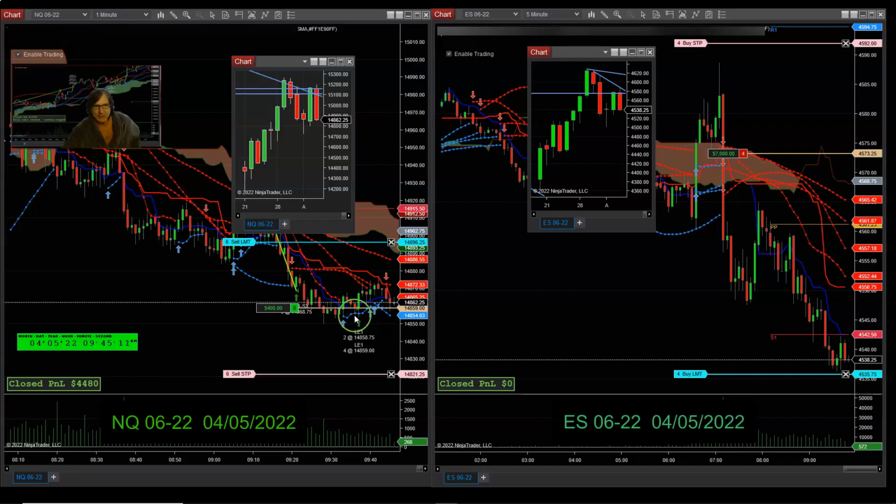It's still looking a little weak, but may bounce off of this part here. I don't think so, though, because look, no volume in this move. So a little bit of short covering on our way down so far, or early people going long early, but I don't expect price will bounce from here.